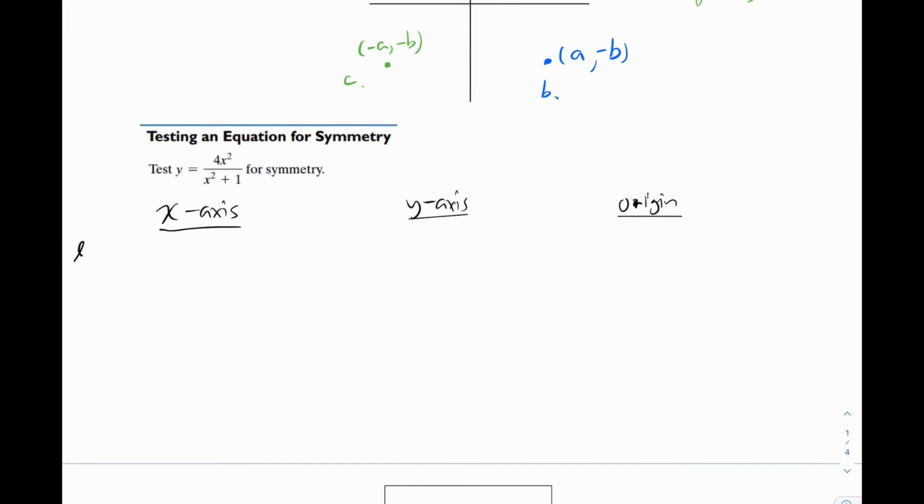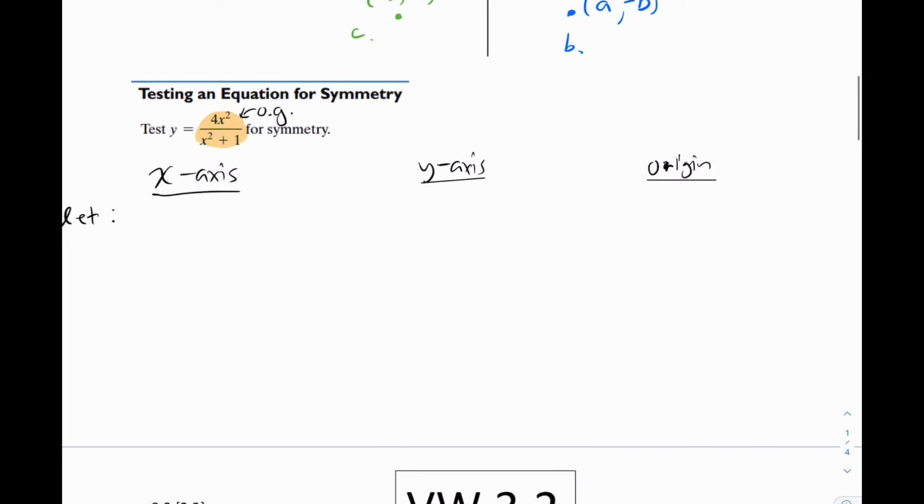To do this, we're going to write let right here. That's going to be our starter. And what I want all of you to do is to highlight this original function. We're going to call that your OG function. That's your original. So we'll be referring to that constantly.